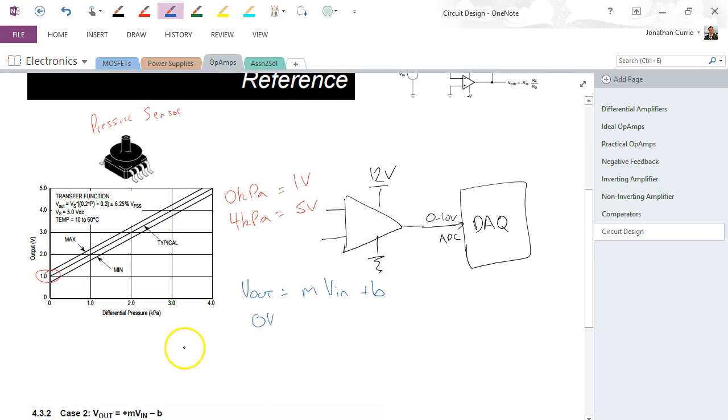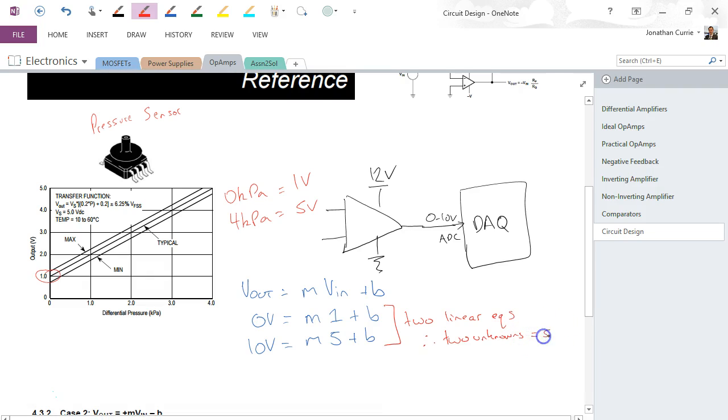So 0 volts out is equal to M times 1 volt in plus B, and 10 volts out is equal to M times 5 volts in plus B. These are two linear equations with two unknowns, and can be solved.